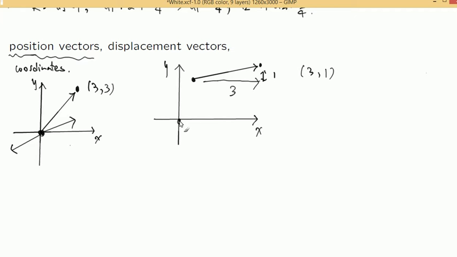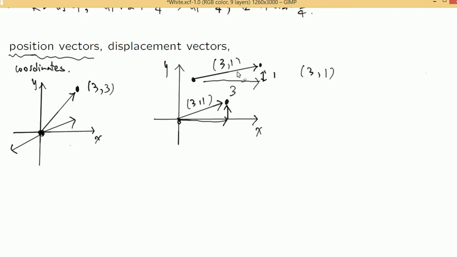How about this one? I go 3 units here and 1 unit above, and I write it like this. This is also a displacement vector, right? Are these 2 vectors the same? Yes, because a displacement vector only records how much you moved around. So this is supposed to be perfectly parallel. Sorry about that. This vector is (3, 1). How about this vector?